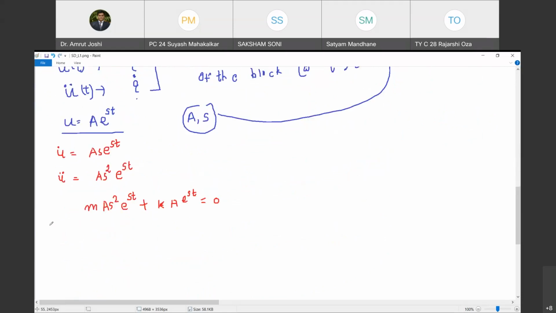Happy? Yes, sir. Okay. Now, do you see some term common here? Yes, e raised to st is common. Do you agree with me? Yes, sir. So e raised to st into what should I write? A times m s square plus k A equal to 0.